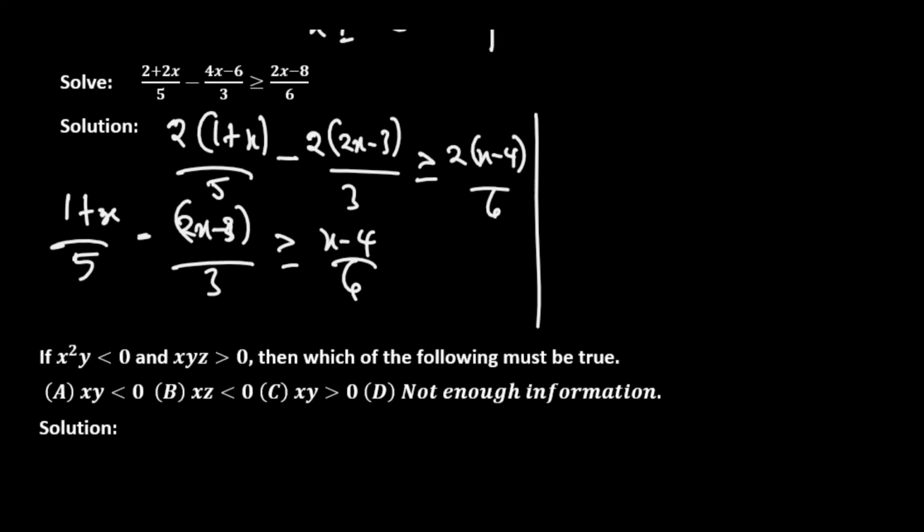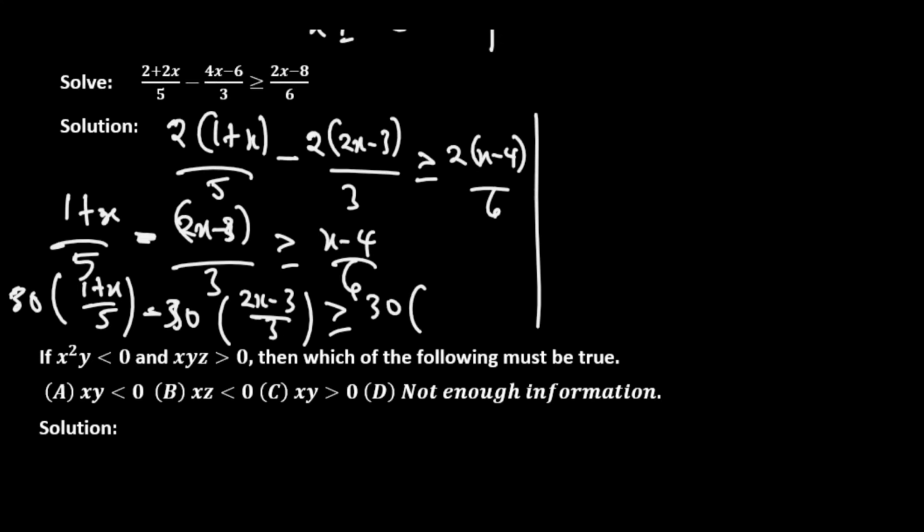So remember this, in order to solve anything of this form, to clear the denominator, we multiply both sides by their LCM. So we are multiplying with the LCM of 5, 3 and 6, which is 30. So we multiply each by 30. So we have 30 times 1 plus x over 5 minus 30 times 2x minus 3 over 3 greater than or equal to 30 times x minus 4 over 6.